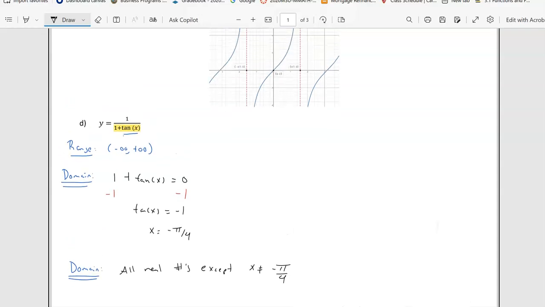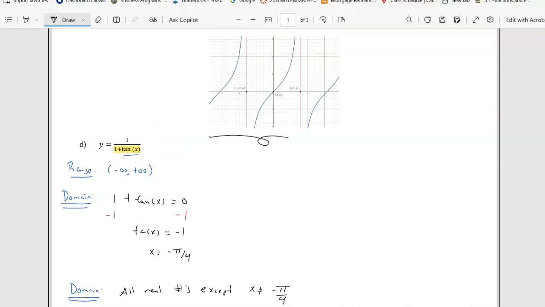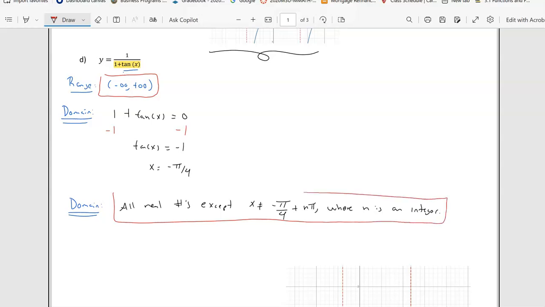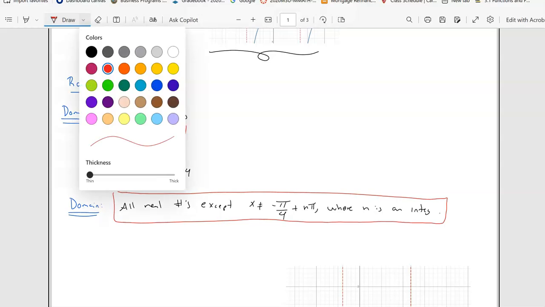But remember that the tangent function is periodic with a period of pi. So we would say plus n pi, where n is an integer. What this gives us is all values where we're going to have asymptotes. Let me fix integers.